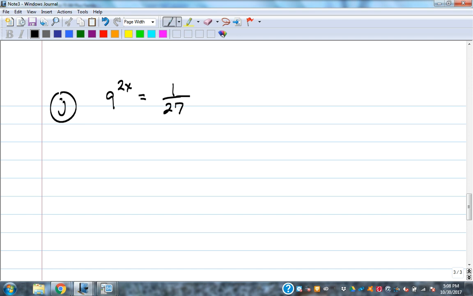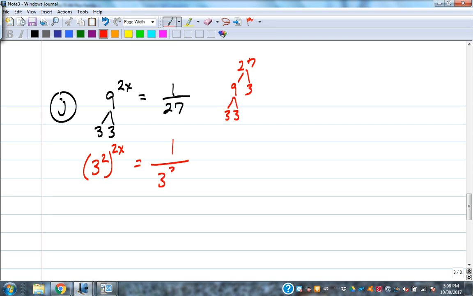Think about 9. 9 is not a prime number. What prime number does 9 work with? 3, right? So it's 3 squared. And then 27 is on the bottom. 27 is 9 times 3, and 3 and 3. So it's really 1 over 3 to the third.